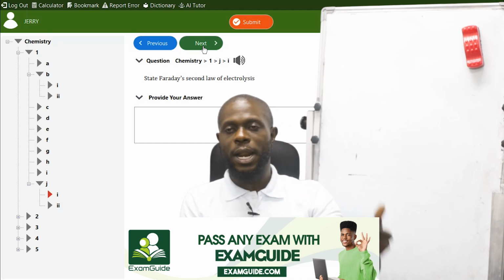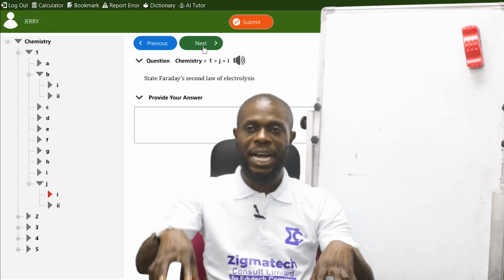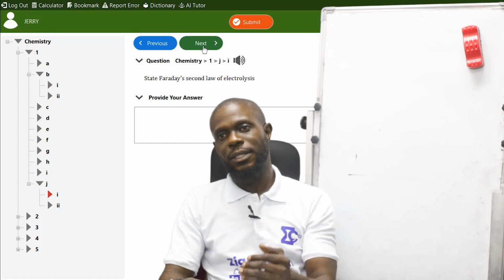That means both the current and the chemical strength of the electrode will be in equilibrium. It will not take more than that.